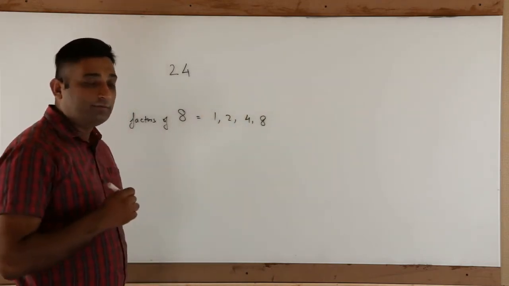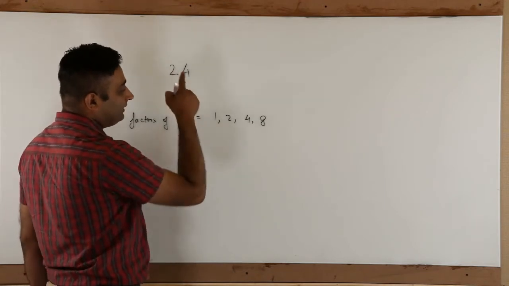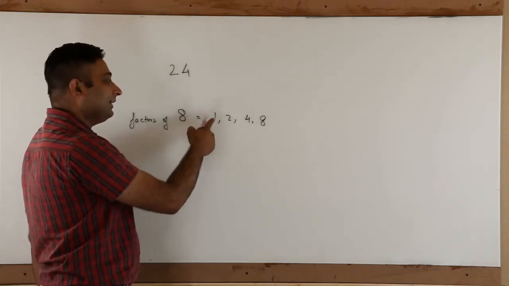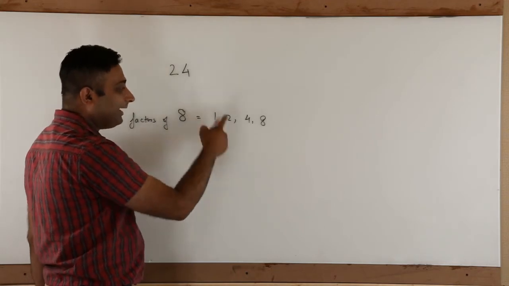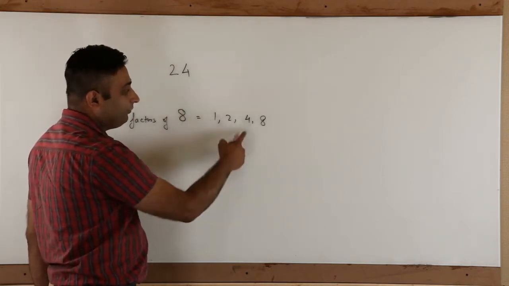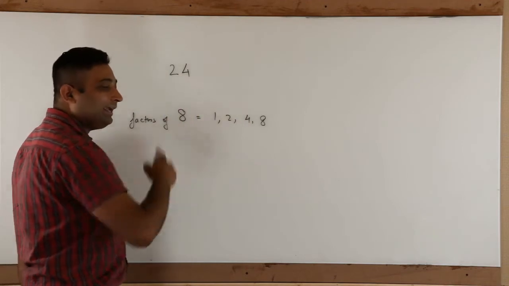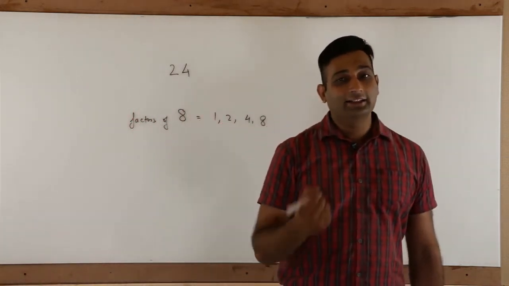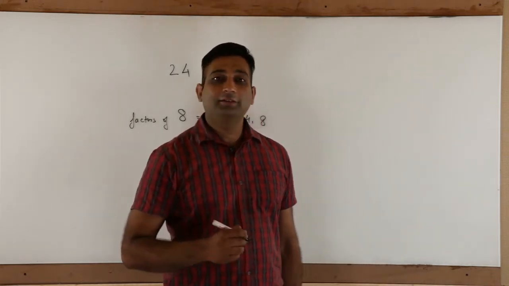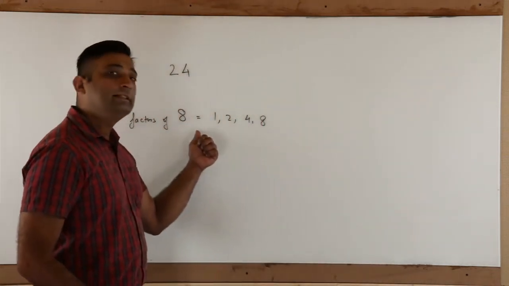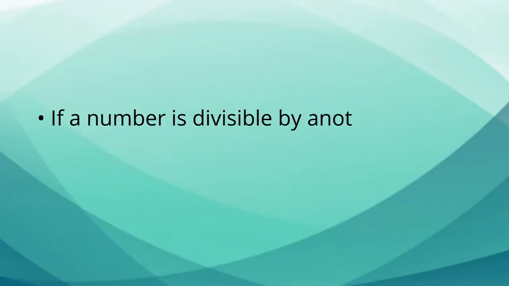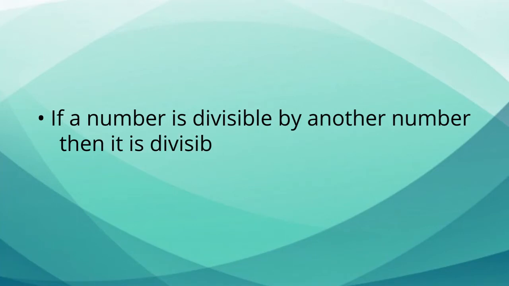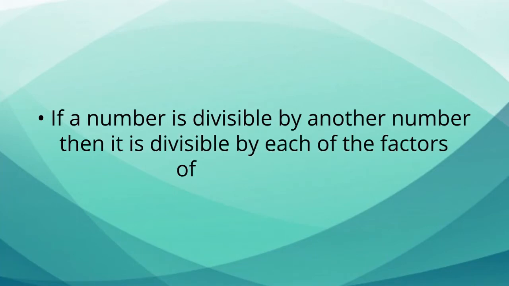We can observe that 24 is also divisible by 1, 2, 4 and 8. That means if a number is divisible by another number, then it is divisible by each of the factors of that number.